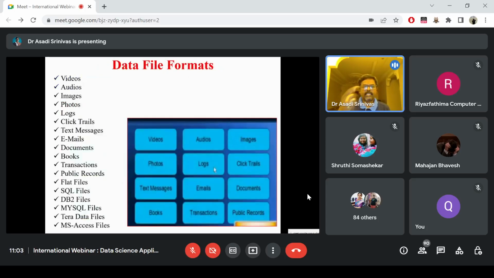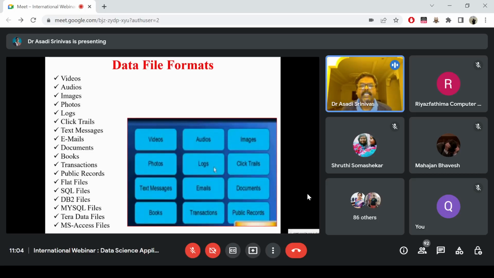Then what are the data file formats we are handling in a real-time environment? Audio, video, images, photos, text, graphics, animation. You see various types of files in your mobile itself. Maybe PDF files, audio files, video files, graphics files, text files, flat files, various kinds of files.